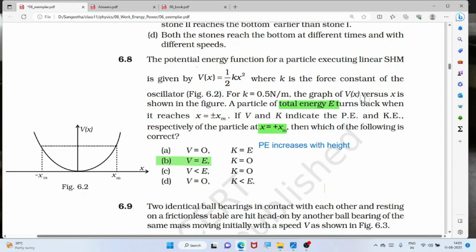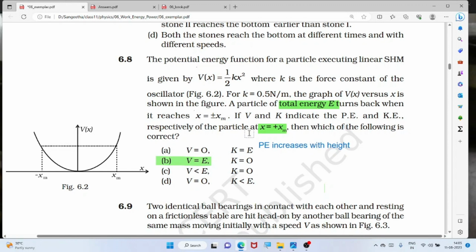The graph of V of x versus x is shown, with the particle's total energy. Kinetic energy plus potential energy, it turns back when it reaches the maximum height. Here V is the potential energy and K is the kinetic energy respectively.